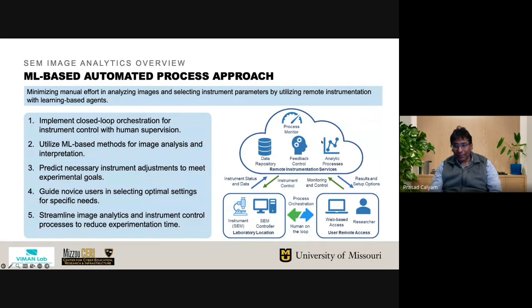All of that is happening through some sort of automation services, which then makes it easy for the researcher to remotely look at the results, guide it, and have a lot of help from the AI to know which exact or more tangible parameters can be used on the instrument, right, to collect the data to discover the materials in a faster way, right?